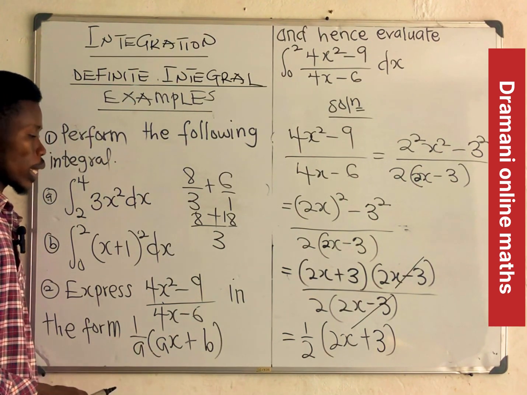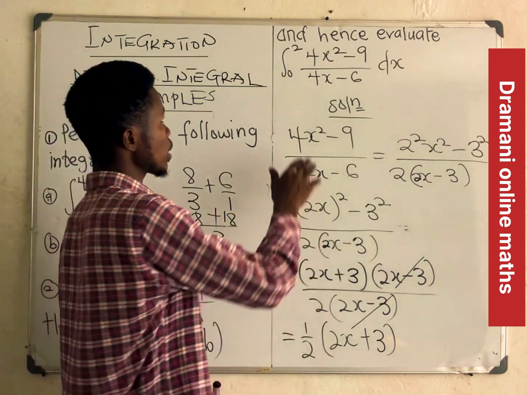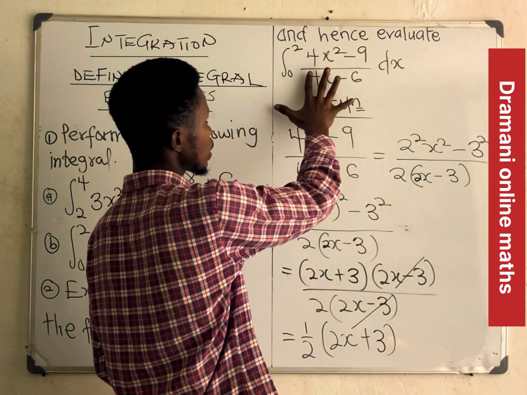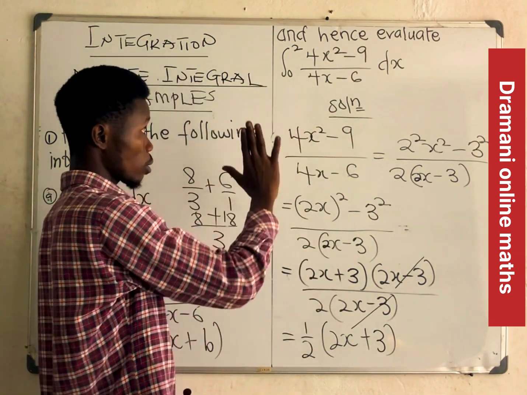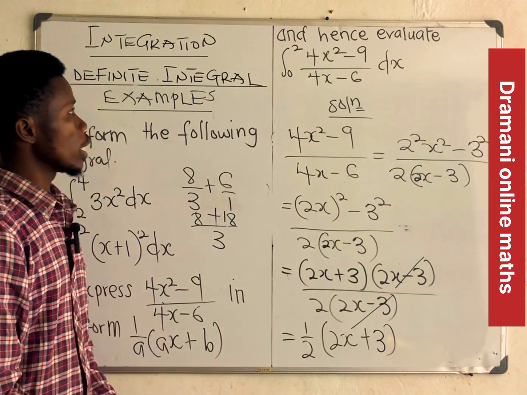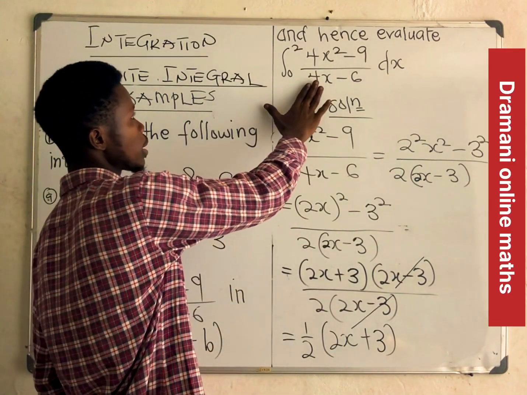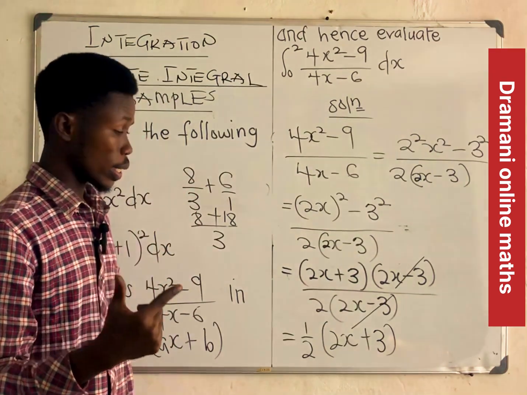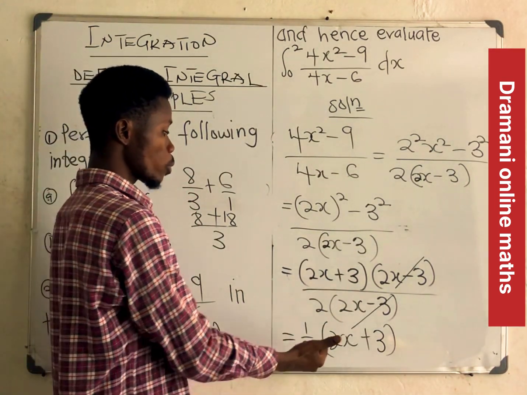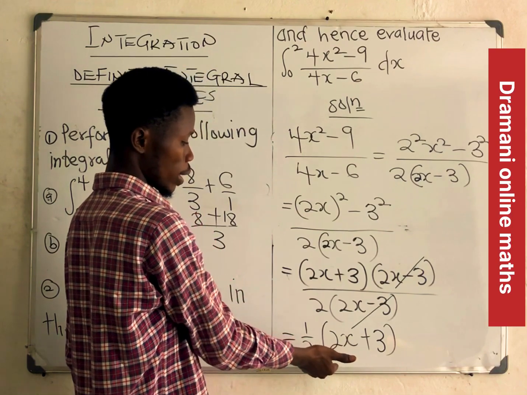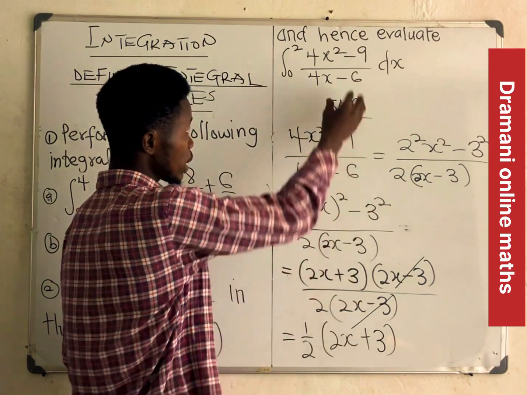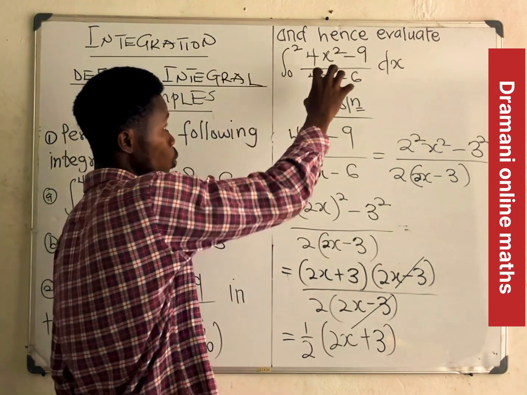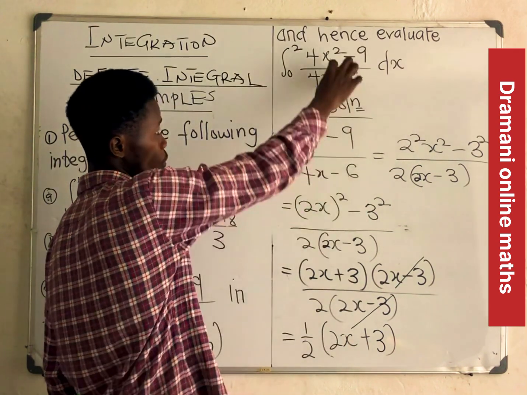This. Now, the second part of the question is saying that we should integrate it. If I ask you to integrate this one straight away, it will be very difficult. That's why they decide to help you by expressing it in this form. Then this is the same as that, a simplified form.